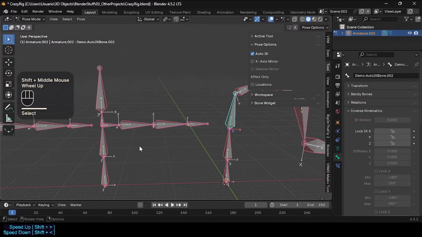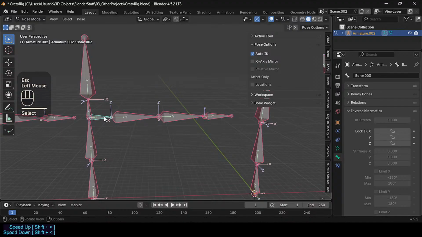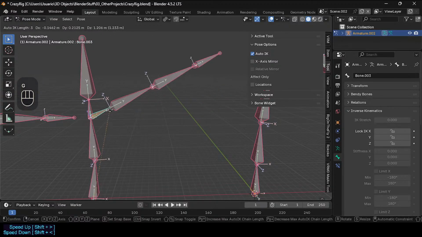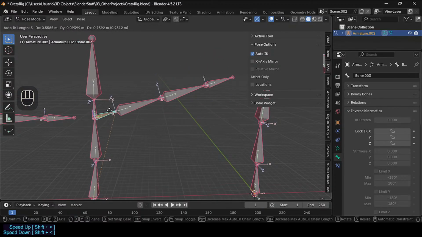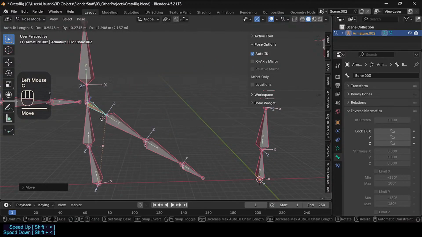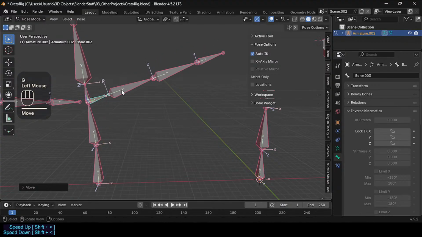So if this is an elbow joint, and this is a wrist joint, okay, I want to pose this shoulder bone with the Auto IK option, and I want the Auto IK to go all the way down the spine, but I want the FK to be pinned here, so all these bones won't move.